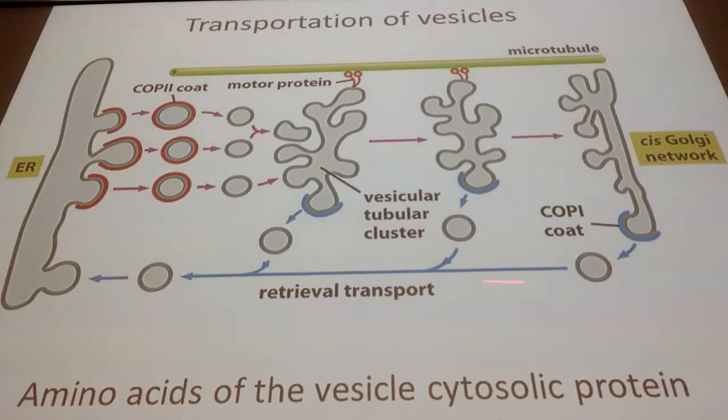And going the other way, if there are proteins that must travel from the Golgi or the plasma membrane toward the ER, then if it's still along the microtubule, dynein will be used to carry vesicles toward the minus end. Sometimes you can say toward the plus end means toward the plasma membrane, and toward the minus end means toward the nucleus or inside.